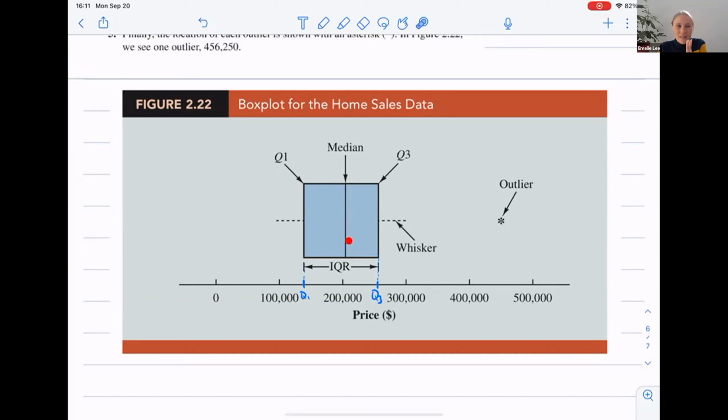It's the point that splits our data in half. Kind of counterintuitively, at least to me, the smaller the distance is, the more data we have in between, because it took a shorter distance to move from the median to Q3. But that's 25% of our data, whereas from Q1 to the median it took a little bit longer, and I'm saying longer in terms of a distance on a number line, to cover that same 25%.